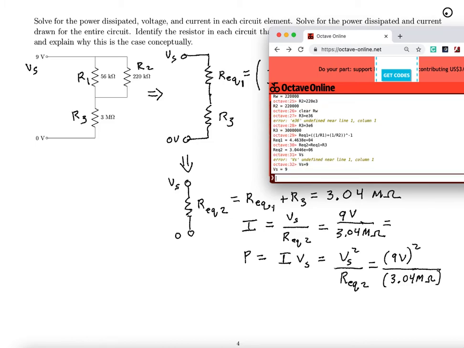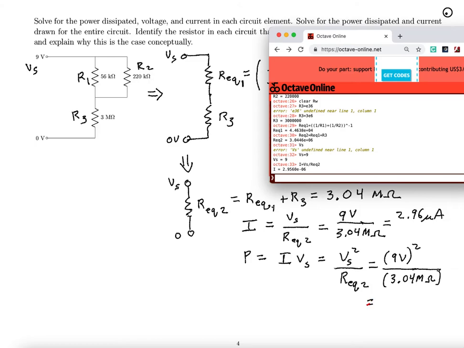Vs is 9 volts. So I is Vs over R equivalent 2, or 2.96 microamps.